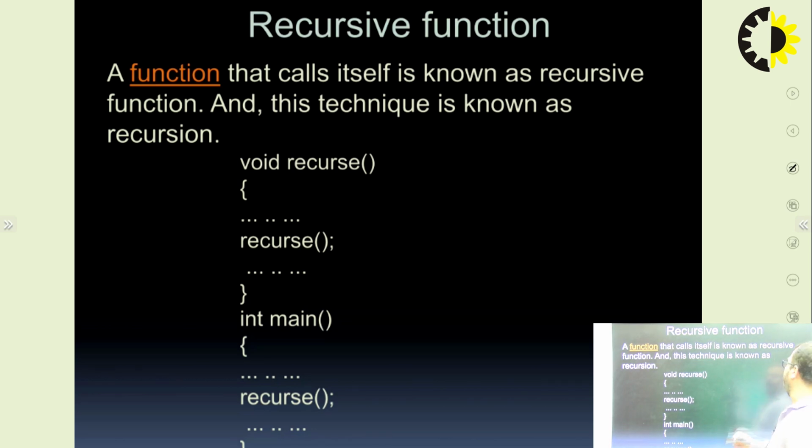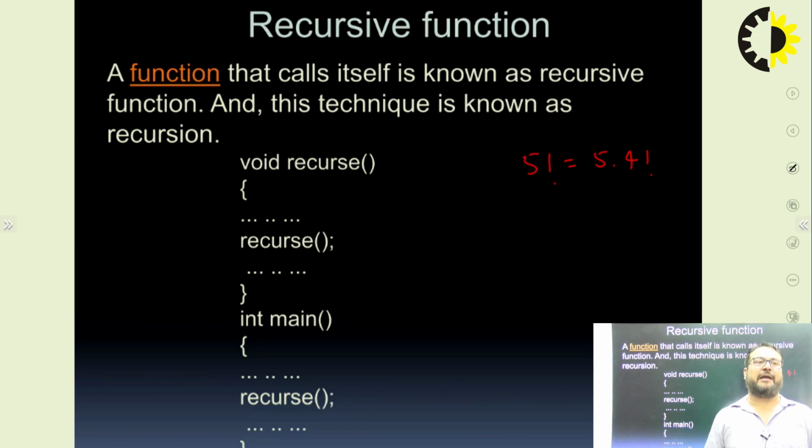Okay, like in the case of factorial, for example factorial 5, we can write factorial 5 as 5 into factorial 4. So if we take factorial n, what is the recursive version? n into factorial n minus 1.